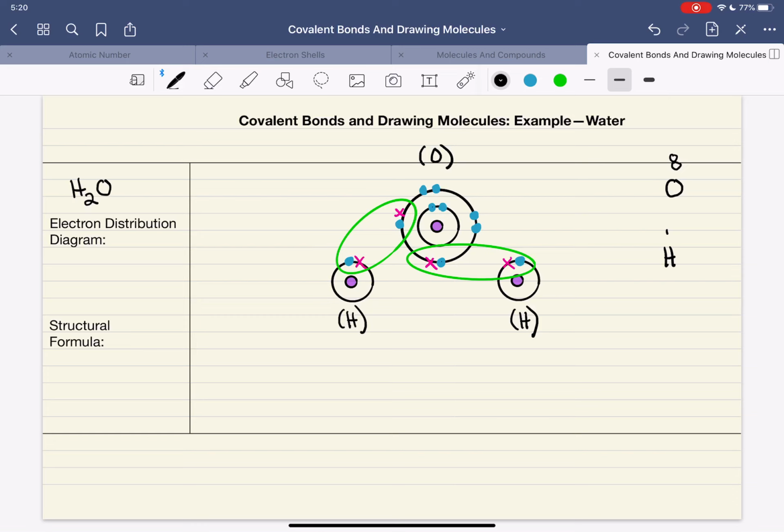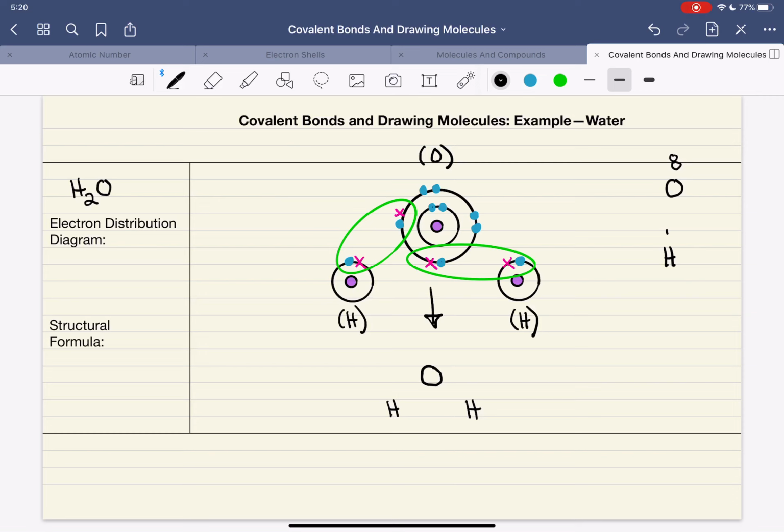Let's convert that into the structural formula. So remember, for the structural formula, we just put the symbol of the element. So instead of this whole mess at the top for oxygen, we're just going to write the letter O. And instead of these circles here on the left and the right for hydrogen, we're just going to write the letters H for each hydrogen atom.